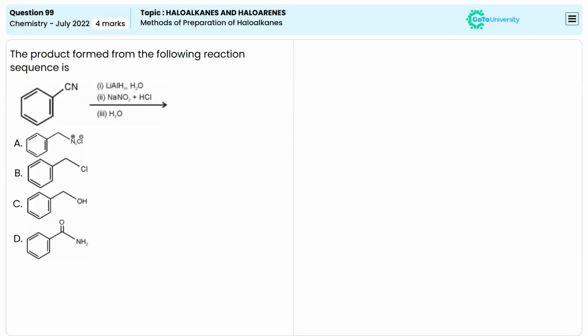Now in the next reaction, we have the reactant, an aromatic nitrile. We have to find out the correct product when we use these reagents. That is the question. So first we take the reactant, an aromatic nitrile.